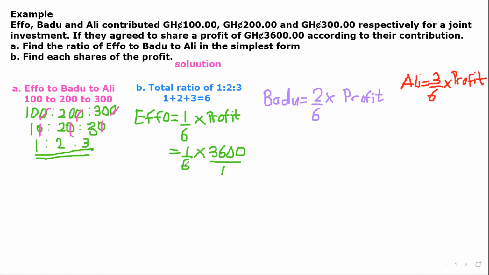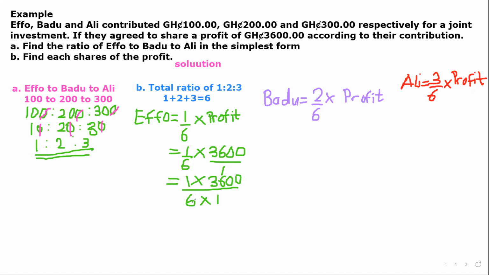And multiplication means what? When you multiply something, it means you multiply the numerators and then you multiply the denominators. Now we have 1 times 3,600 all over 6 times 1. Okay, good.